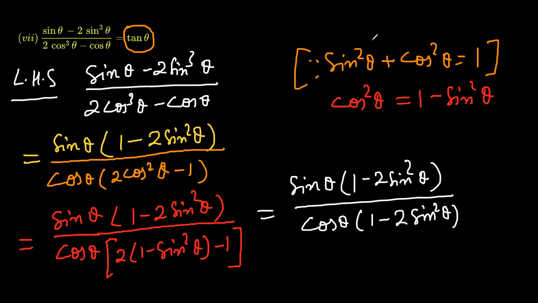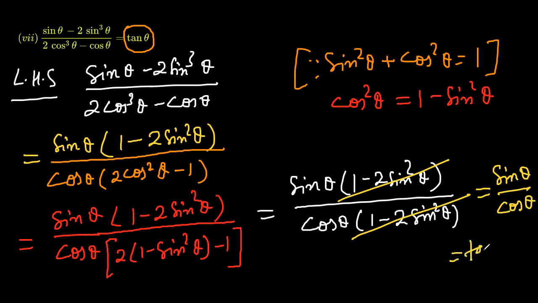So finally, 1 minus 2 sine square theta and 1 minus 2 sine square theta is gone. We have sine theta by cos theta left. And sine theta by cos theta is same as tan of theta. So from the left hand side, we find the right hand side.